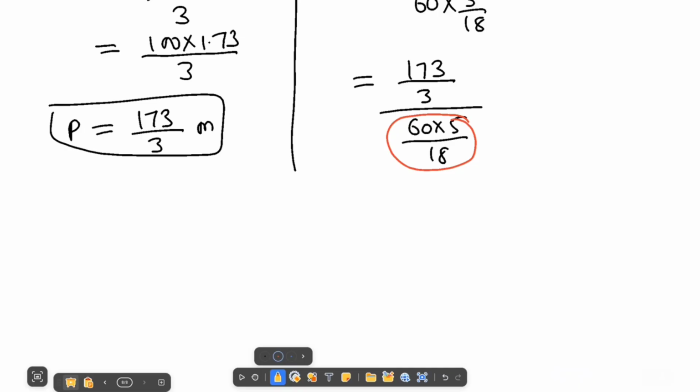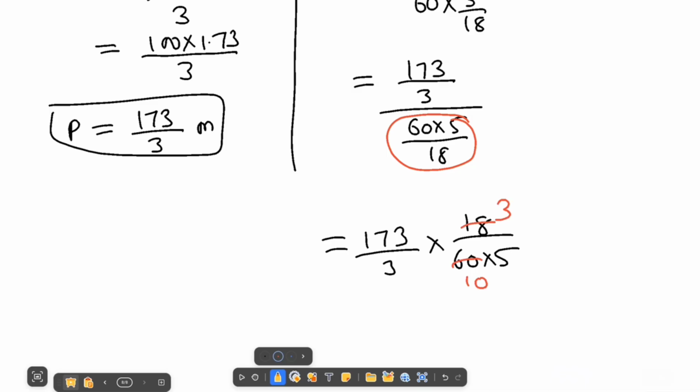Now in the next step, this will become like this: 173 by 3, it becomes 18 by 60 into 5. So 6 3s are 18, 6 10s are 60. Next, this 3 gets cancelled. Now we have 173 by 10 into 5, 50.